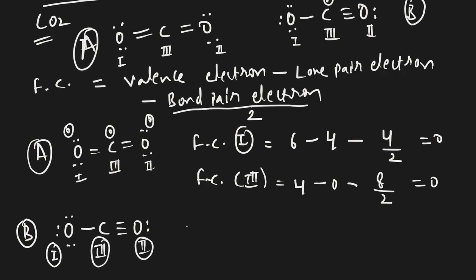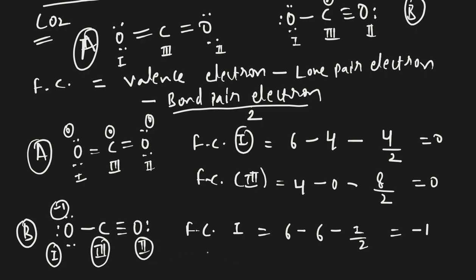So let's calculate the formal charge, first for oxygen. Again, the total number of valence electrons is 6, minus lone pair electrons 1 2 3 4 5 6, minus bond pair is 1, means 1 into 2, 2 divided by 2. So its charge is minus 1. That is why this has minus 1 charge.